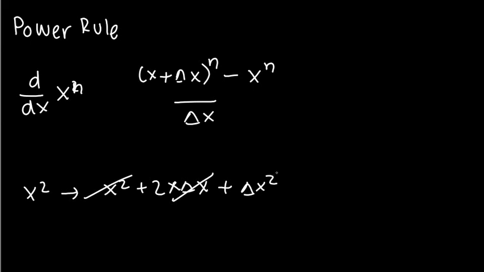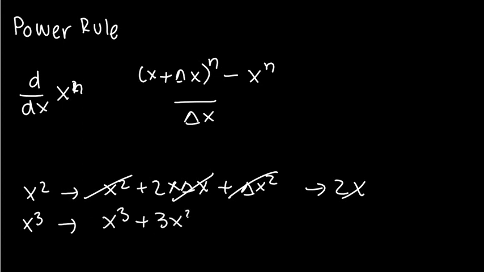And then x cubed, it would just be the binomial theorem: x cubed plus 3x squared delta x plus 3x delta x squared plus delta x cubed. The x cubed cancels out, this would just get to 1, but the rest would be 0, and you would just be left with 3x squared.